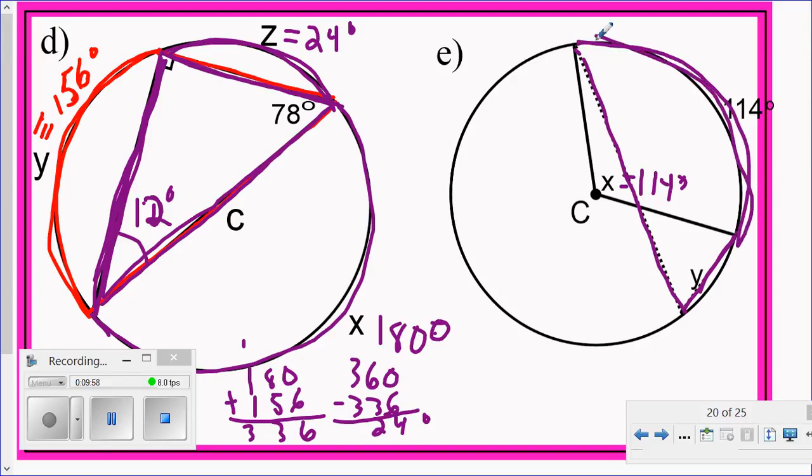Okay, so if the intercepted arc is 114, we know that that's double the inscribed angle, so I'm going to divide 114 in half. So when I divide 110 in half, I'm getting 55, and I'm going to add 2 more to that, so 57, because half of 4 is 2. So 57 degrees is the angle that's marked Y.